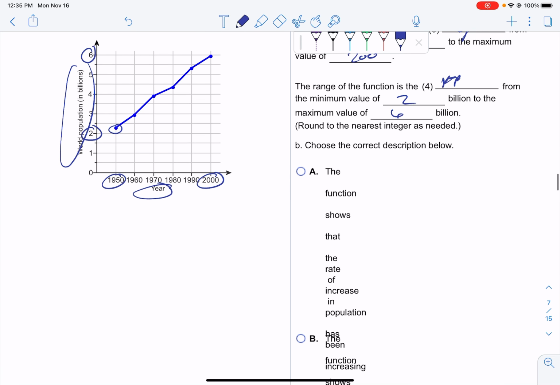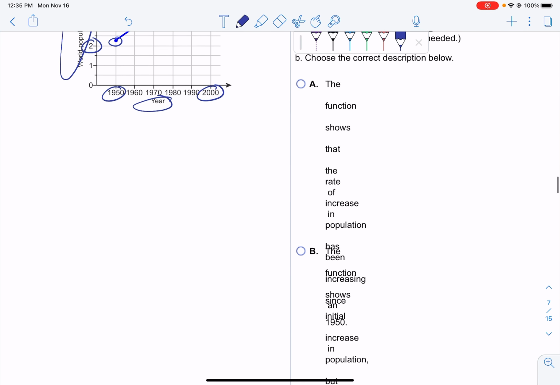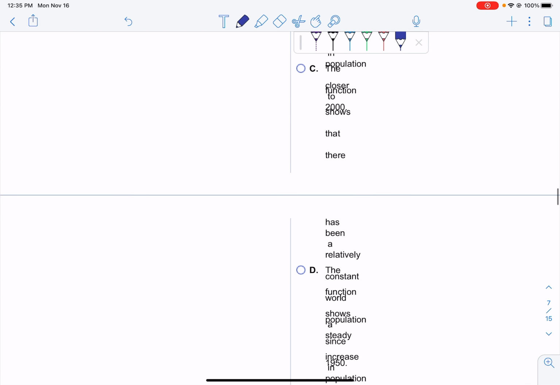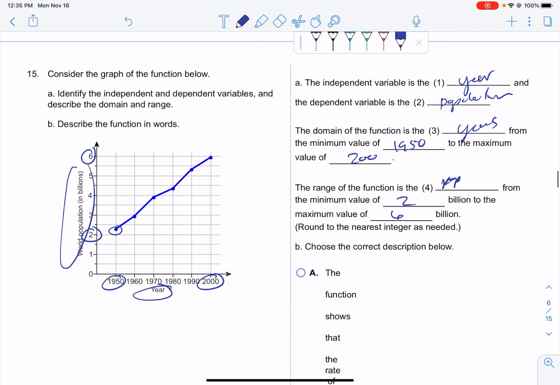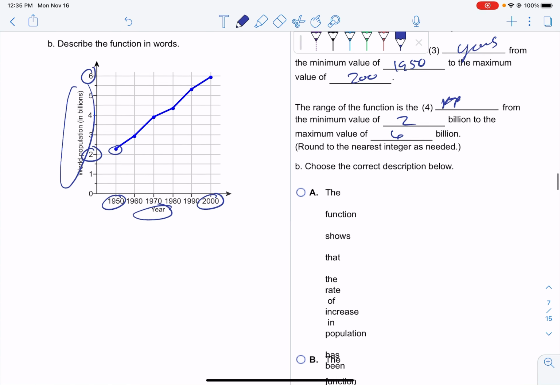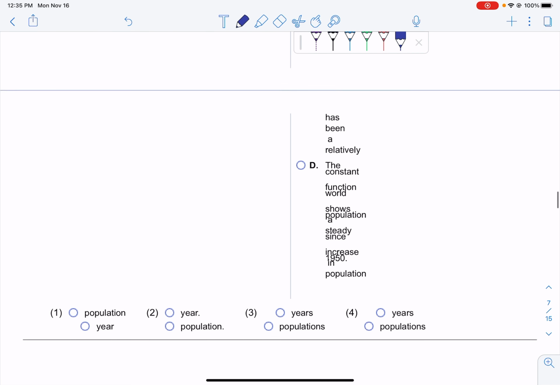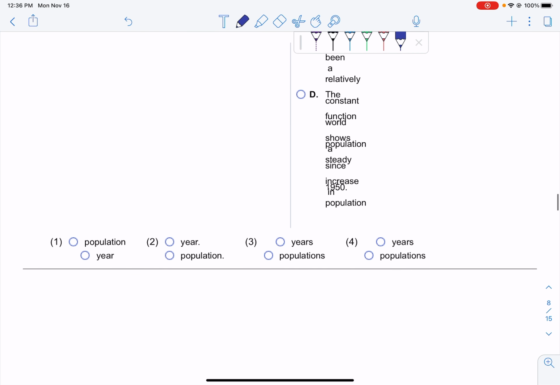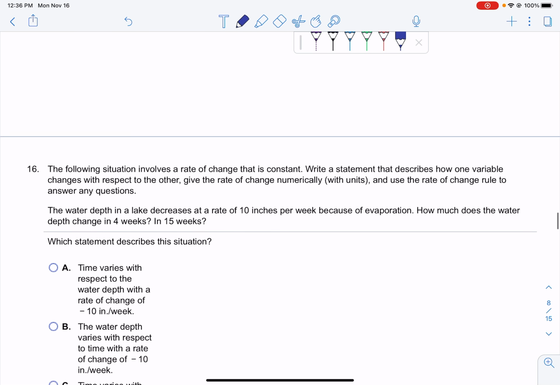The function shows that the rate of increase in population, wow, that printed out ugly. So this is saying that as the years go by, the world population increases. And I don't know which one of those messy things says that right there, but one of them does.